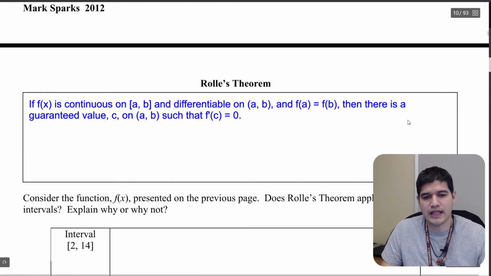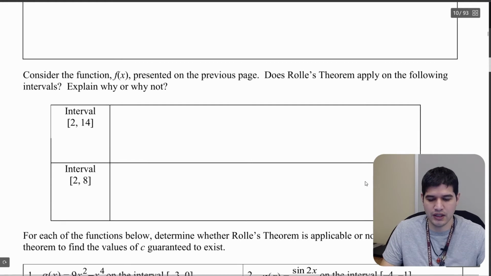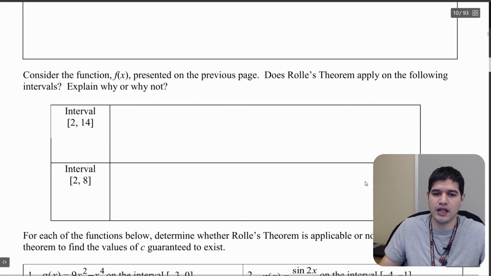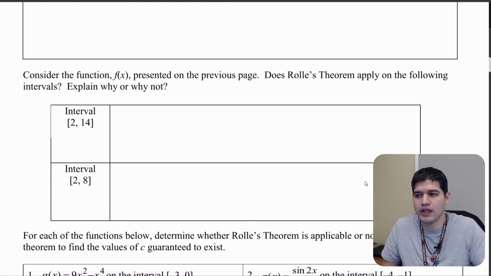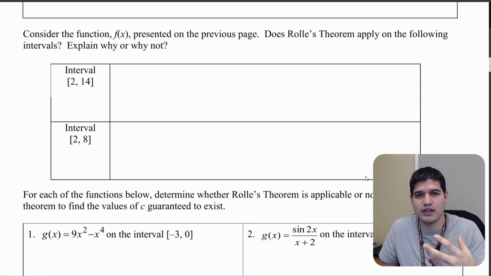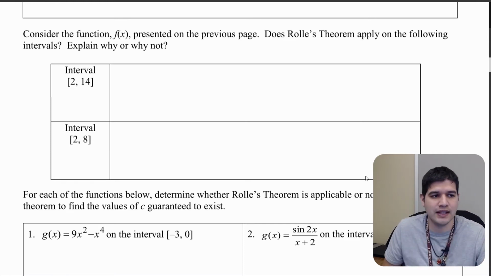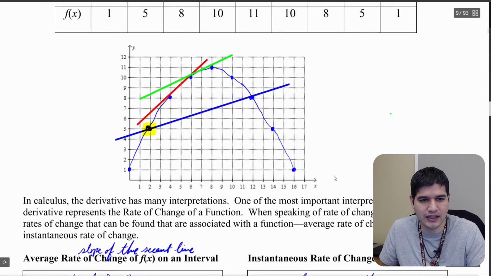Now let's consider some of the intervals on the previous page and determine whether or not Rolle's theorem will work there. If we're looking at the interval from 2 to 14, does Rolle's theorem work in that case? Come back up and look at this graph, or the table, and take a look at 2 right here and 14 over here.